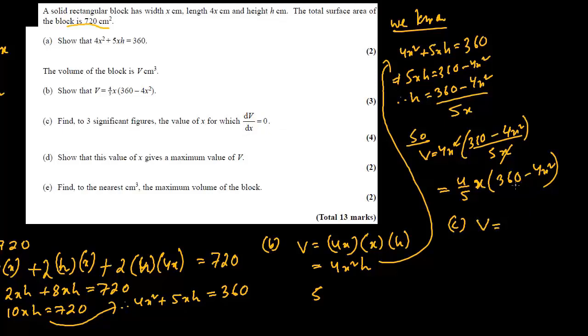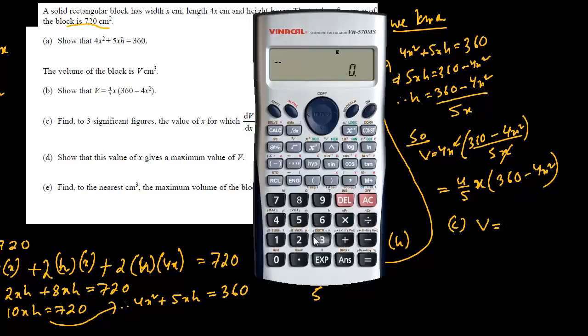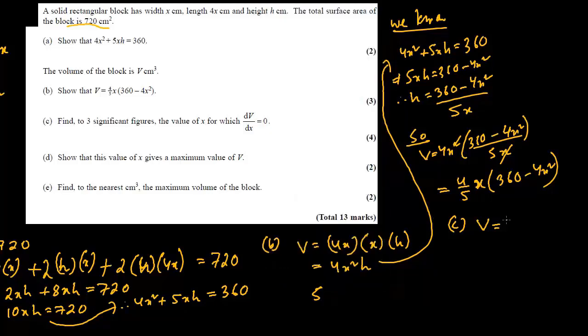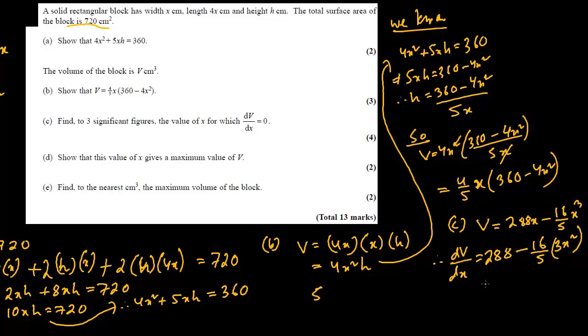So 4 by 5x into 360 is going to be 4 into 360 divided by 5, and that is going to be 288x, minus 4 fours are 16 by 5 x cubed. Therefore, let's do the derivative. dV by dx is going to be 288 minus 16 by 5 is the constant and the derivative of x cubed is 3x squared.